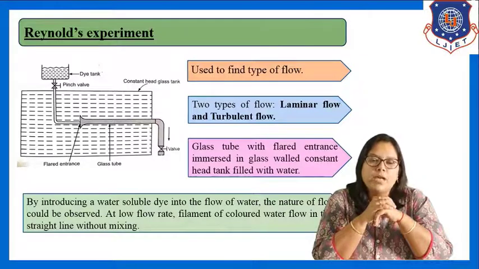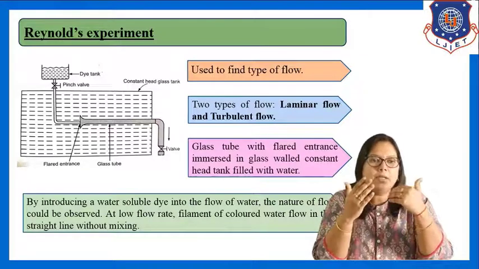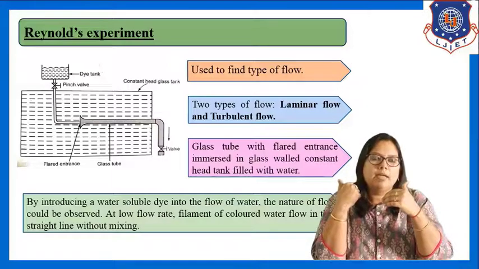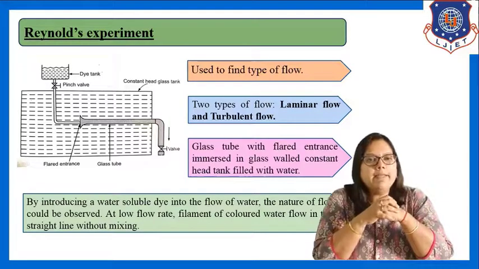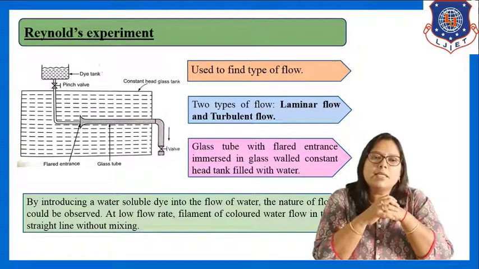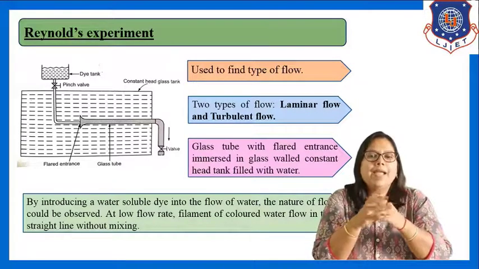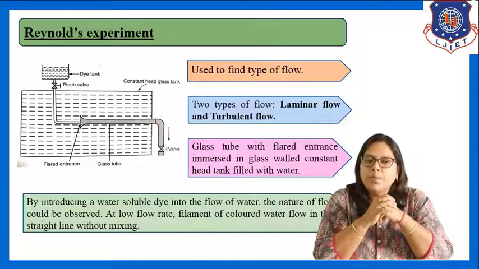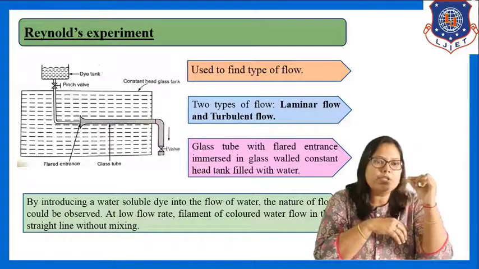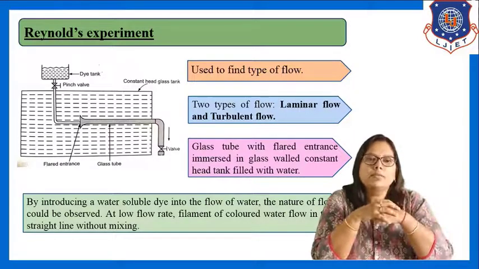It is made of glass, so you can easily see from the outside how the colored dye water enters the glass tube and what the nature of that water is. At low flow rate, the filament of the colored water flows in a straight line without mixing.